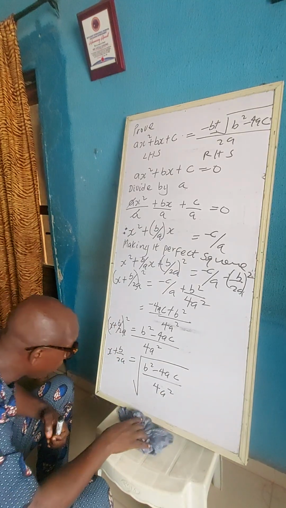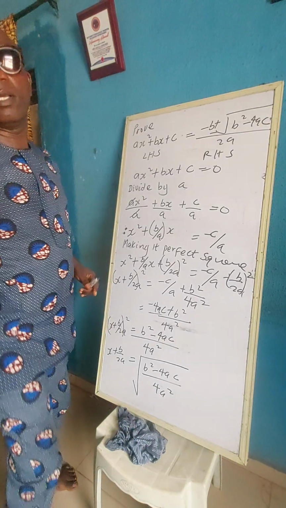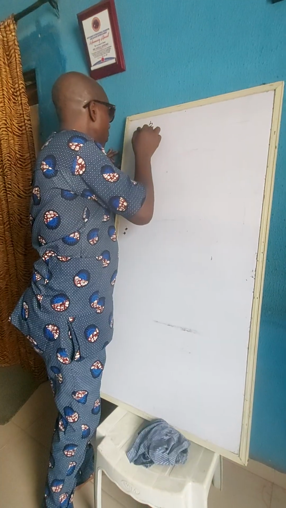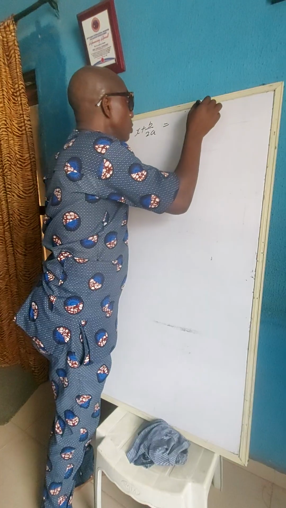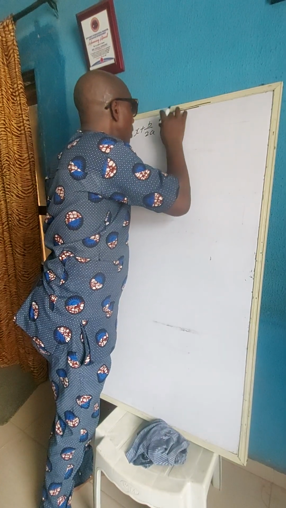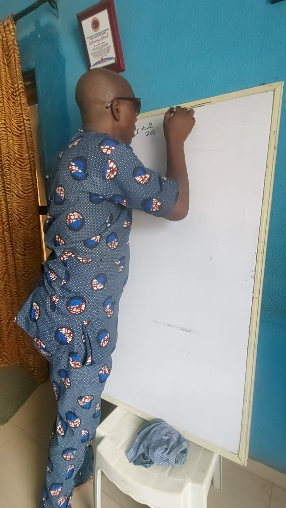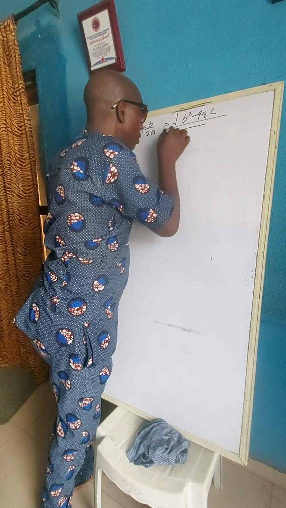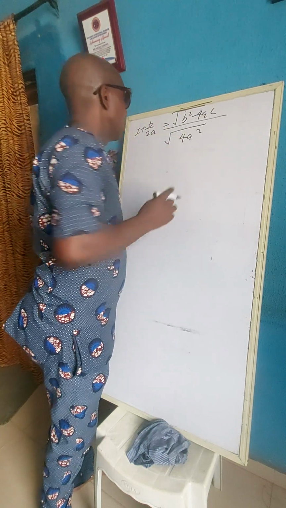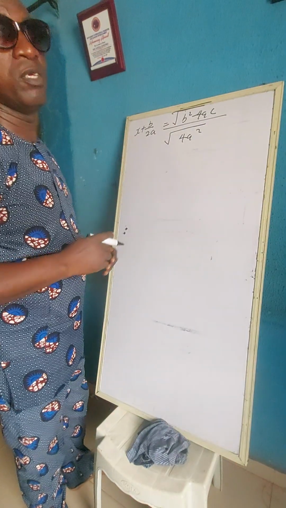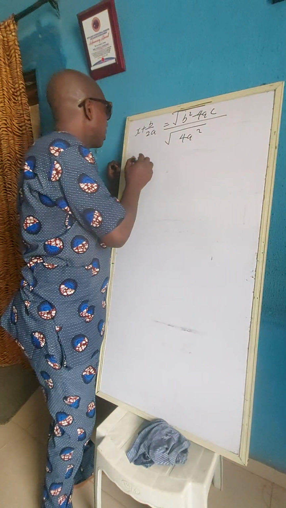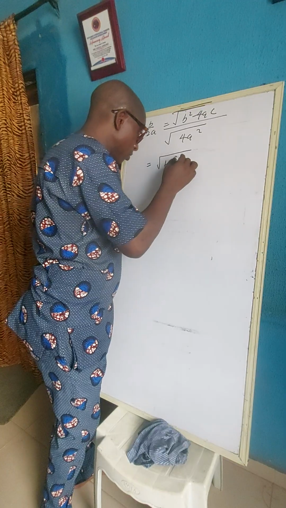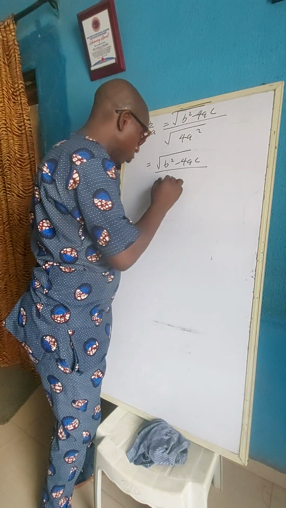We continue from the upper side. x plus b over 2a equal to the square root of b squared minus 4ac over the square root of 4a squared. The square root comes in for the numerator and the denominator. It becomes equal to square root b squared minus 4ac over 2a.